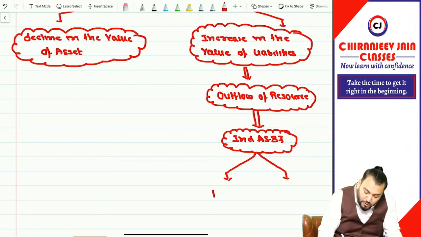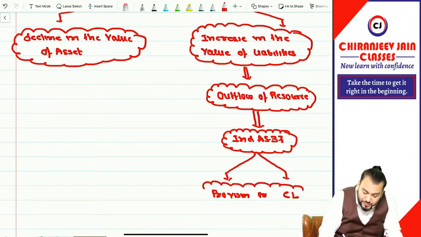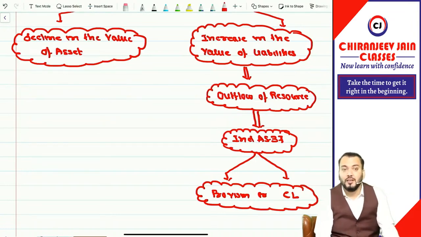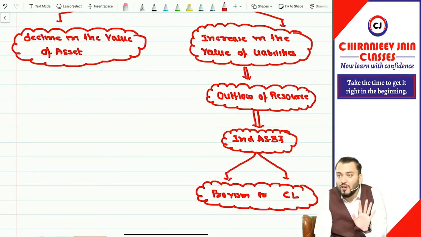Either it will be provision or contingent liability, depending upon circumstances. Have you understood? Correct.